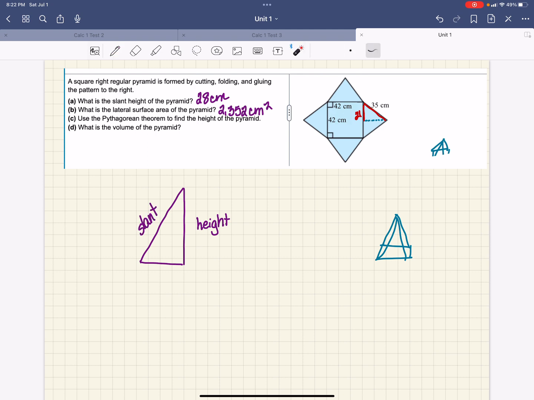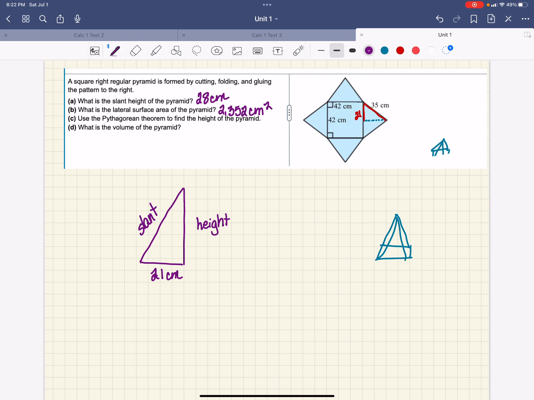Now, how do I find this distance? We know that all the way across is 42 centimeters. So if the height hits right in the middle of that, we know that that's going to be 21 centimeters. So it's going to be half of the length of my square.